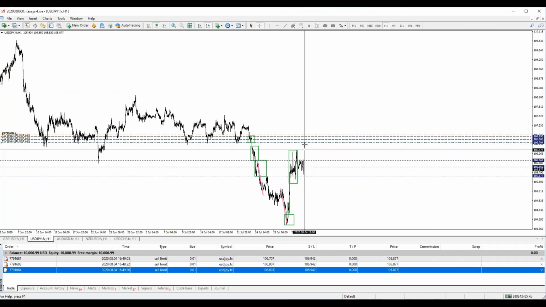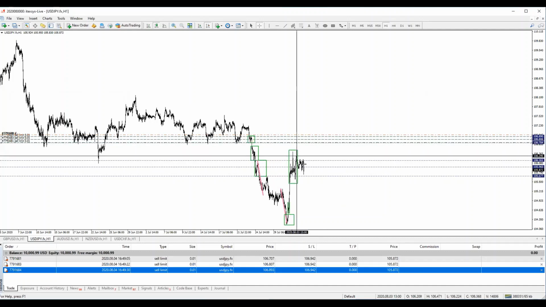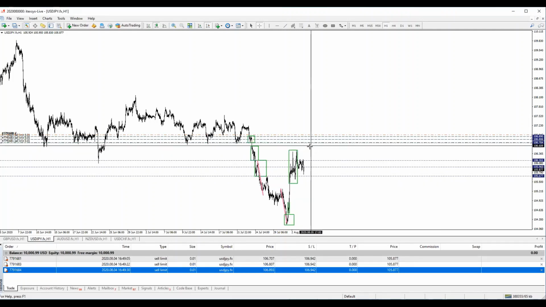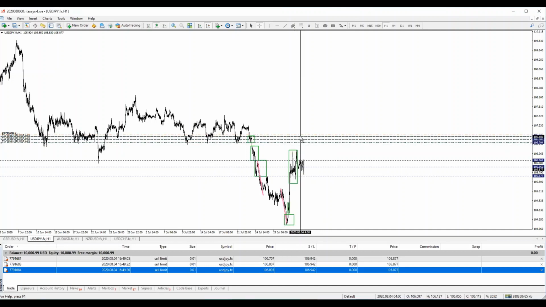And then we are looking for the newest fresh levels that weren't being tested before. So we know the next level where price will go. We expect that this level will be the next play. So this is where we want to work.